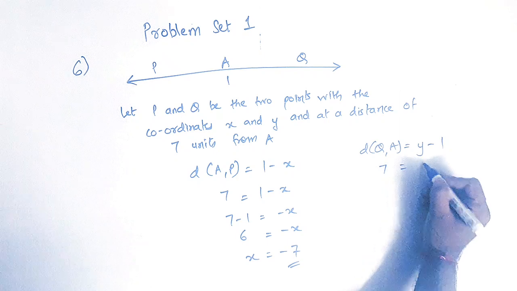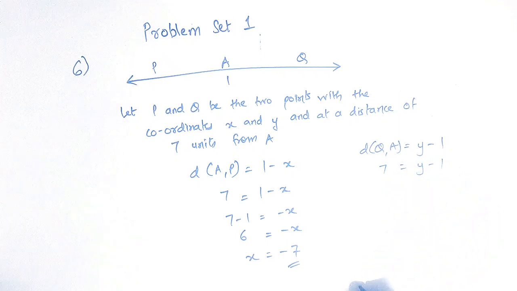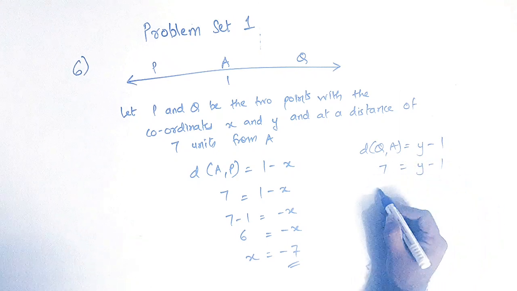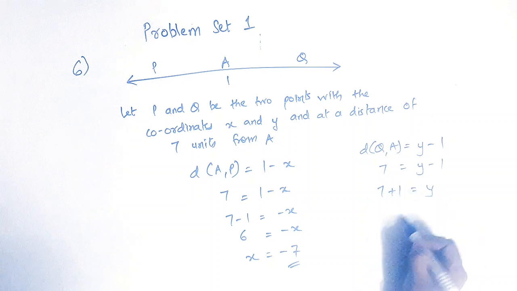So Y minus 1 constant. 1 I'll take here, it will become 7 plus 1 equals to Y. So we get Y equals to 8.